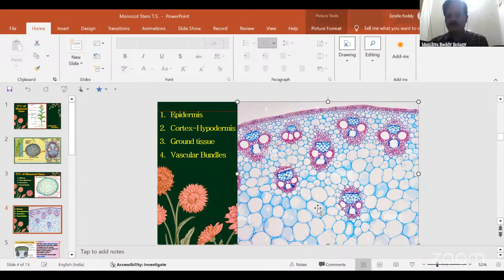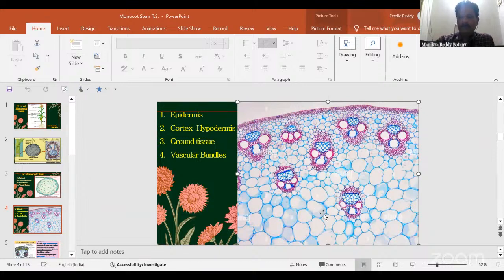But in stem, the protoxylem is towards the center of the stem, towards the inner side. That's why that condition is termed as endarch condition. I'll repeat once again. In monocot stem, each vascular bundle is conjoint, collateral, closed type with endarch condition.